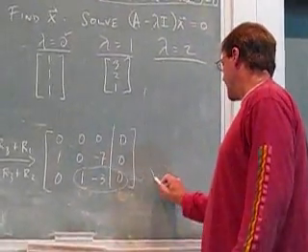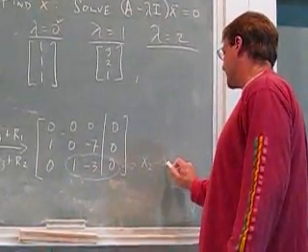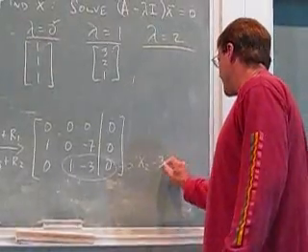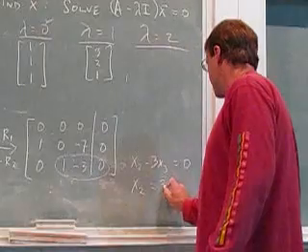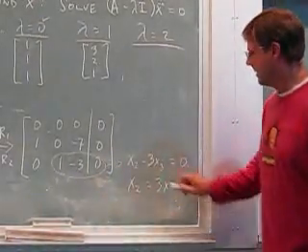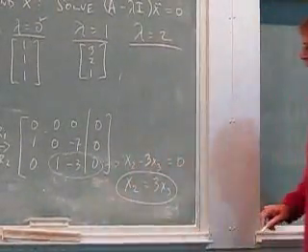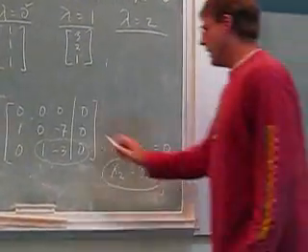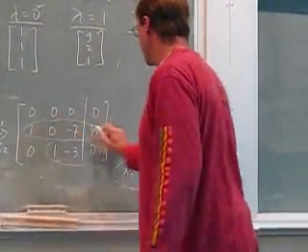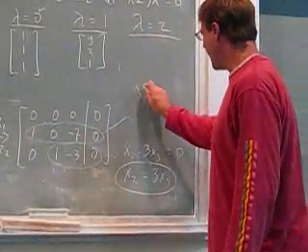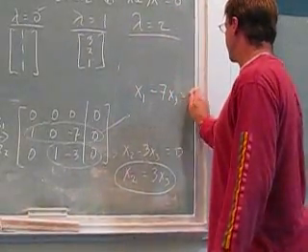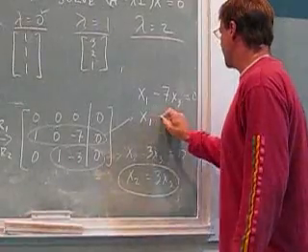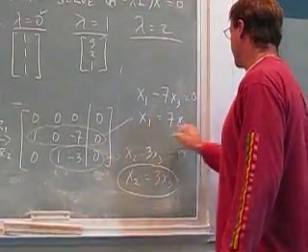This one here says x2 minus 3x3 equals 0, so x2 equals 3x3. And this equation here says x1 minus 7x3 equals 0, so x1 equals 7x3.